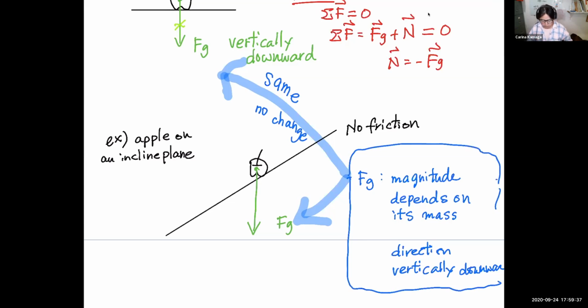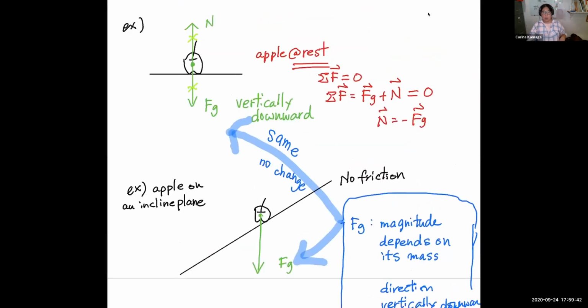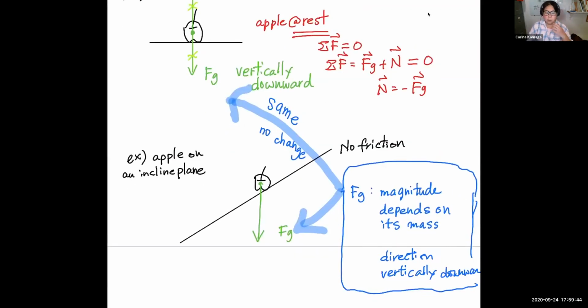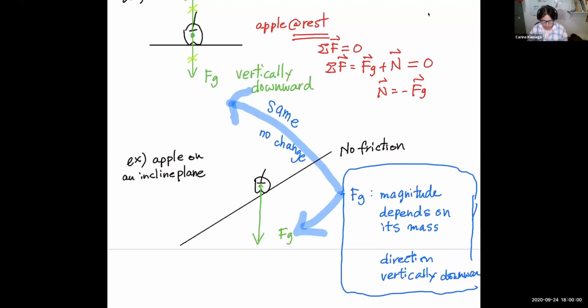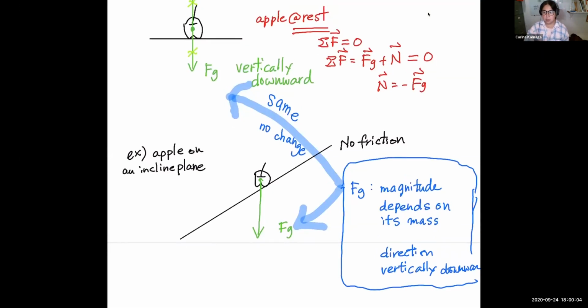Just because you tilt the plane, it doesn't mean the gravitational force changes. But something different happens. When the apple is on a slippery inclined plane, instead of on a flat surface, is it still at rest?